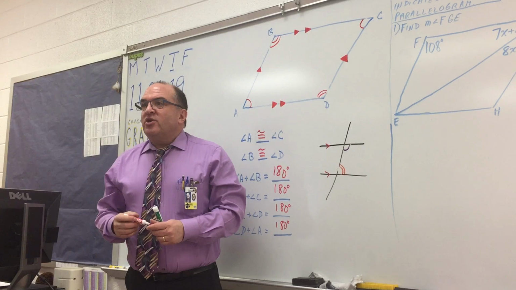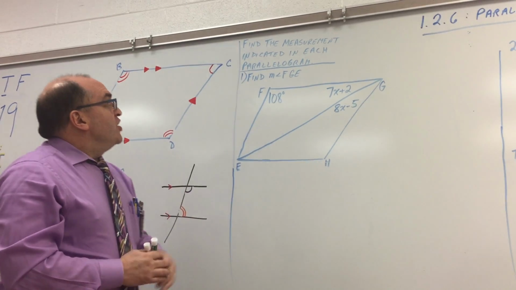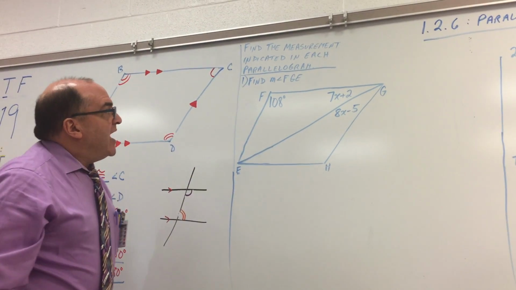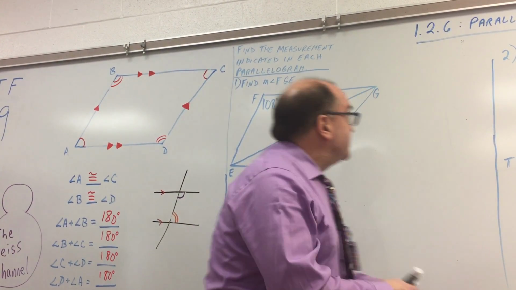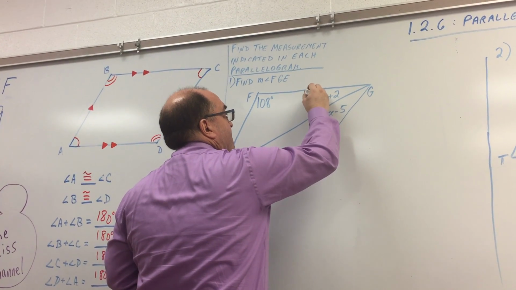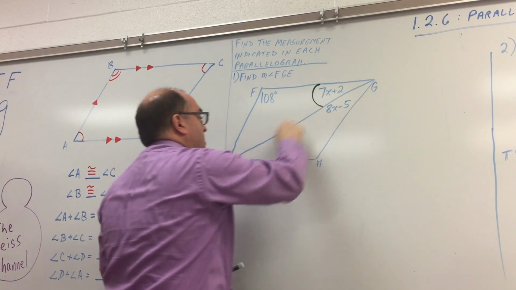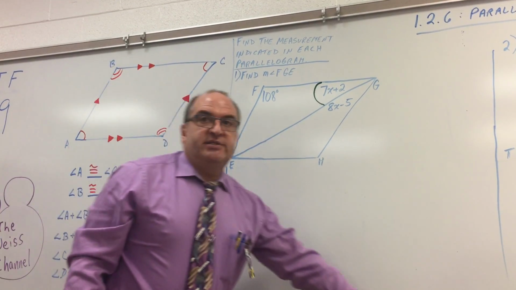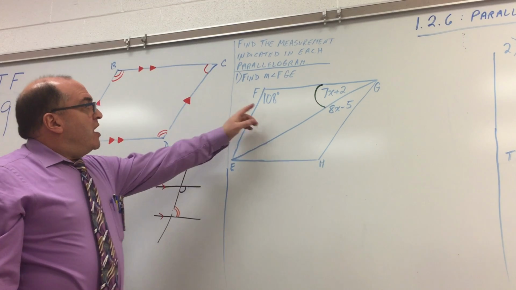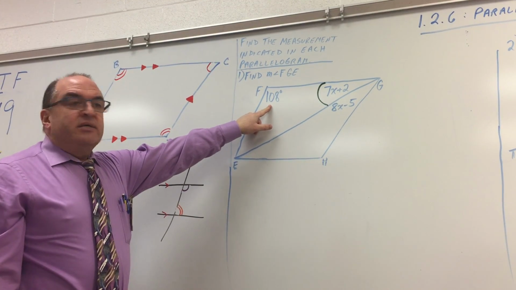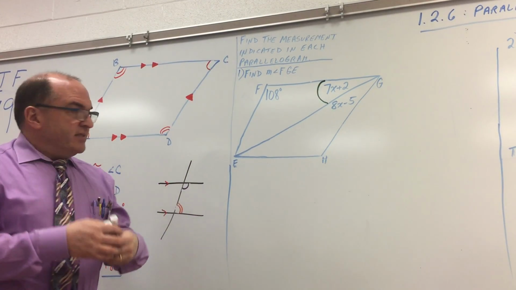That being said, let's look at number 1 on your paper. We're going to find the measure of angle FGE. Angle FGE is this guy. Angle FGE is 7x plus 2. So now, what do you know? Here's 108 degrees. So what is all of angle G? How do I figure out what that is?